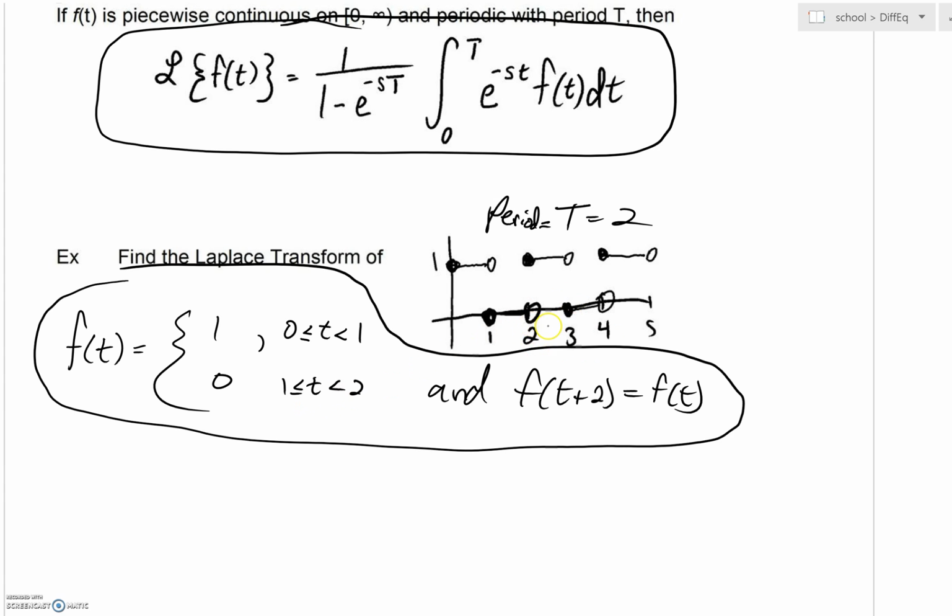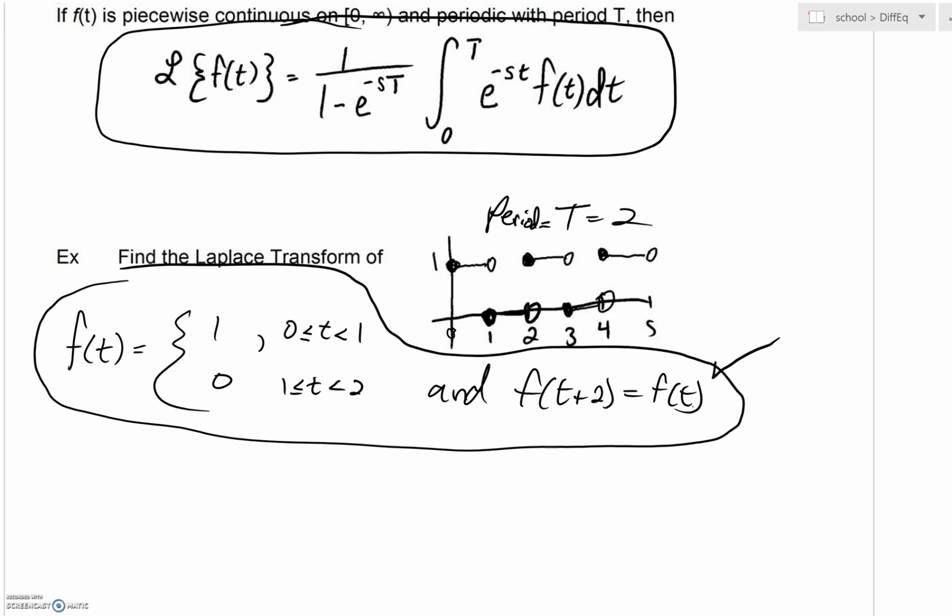But then this right here is your period. Your period is 2. It will take 2 units to go through this kind of a repetition. And a way to generalize the infinite pattern that continues on, you could just say that f of t plus 2 would equal f of t.